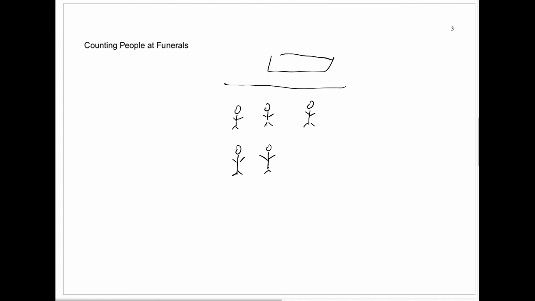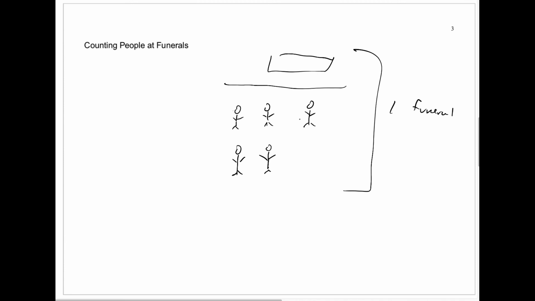The answer is this. Look at a single funeral. Every time you see a funeral with some number of people in it, might be approximately 50, but it could be any number. Every time a person goes to a funeral, we have two ways of counting that attendance, your attendance at the funeral.